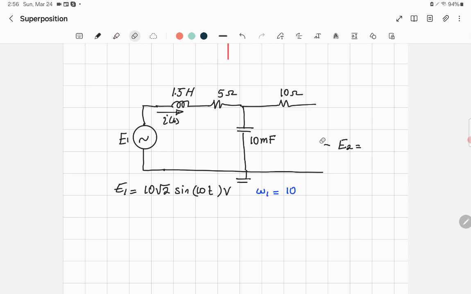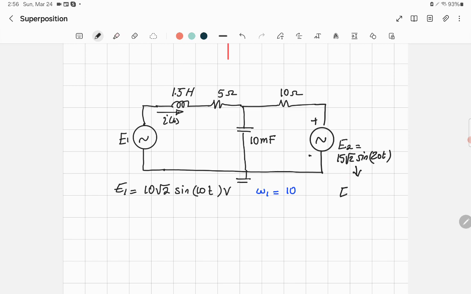I'm not going to make it DC. I'm going to make it another one, AC. And E2 will be equal to 15 root 2 sine 20t. Okay, so what does it mean?